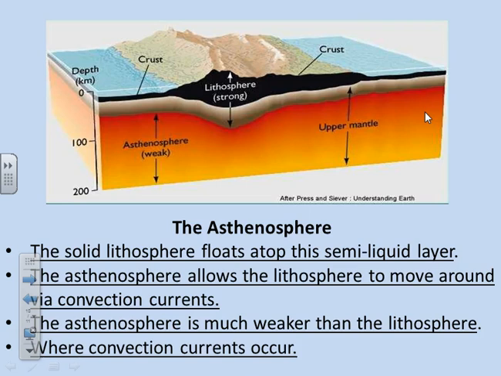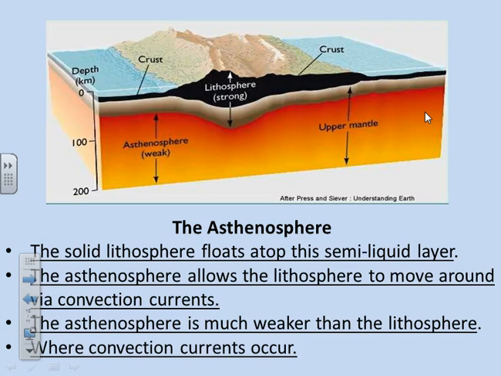Okay, so let's talk about the asthenosphere. Asthenosphere, which is quite a mouthful. So the asthenosphere is the portion of Earth that the solid lithosphere floats on top of. I don't really like the way that first bullet point is written. I probably need to go back and rewrite that.